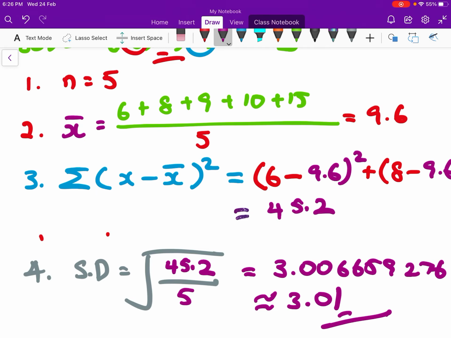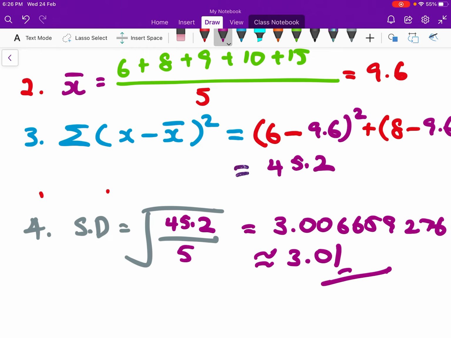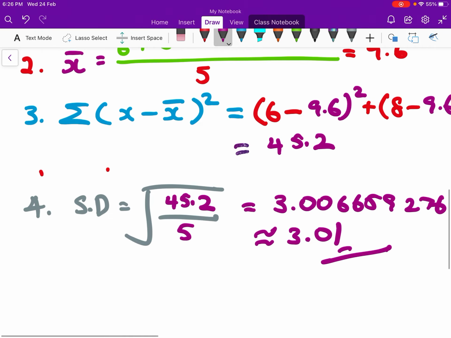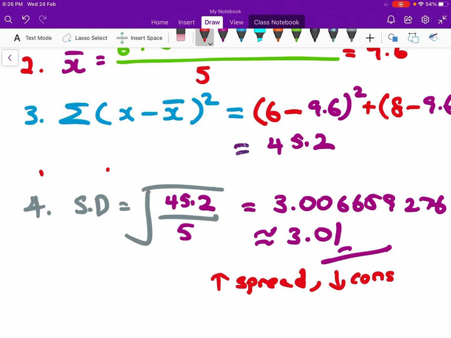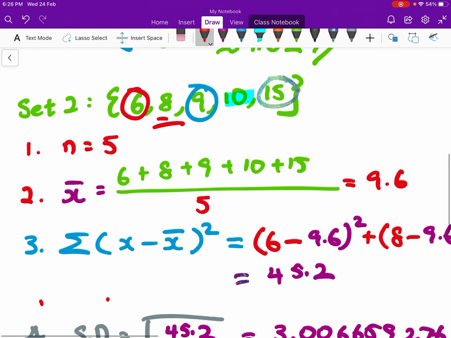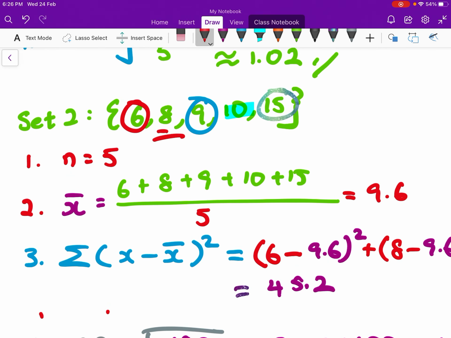You can see there's a higher standard deviation for data set 2. It means that my data are more spread, there's a higher spread, which means less consistent.